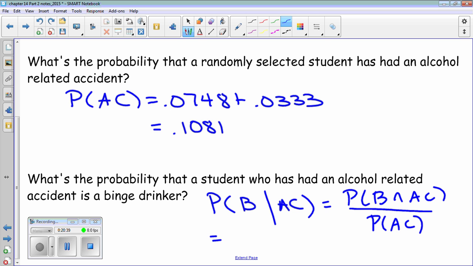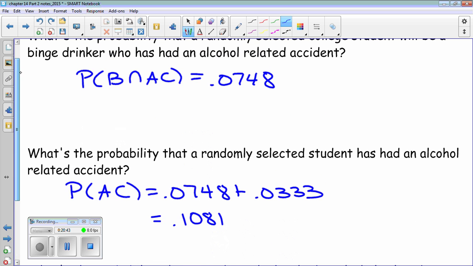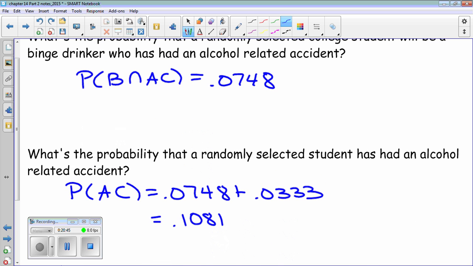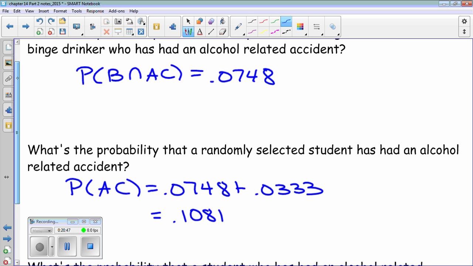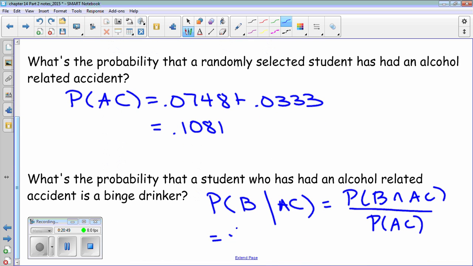Right? Guess what? By design, I've given you the answers here. Binge drinker and accident is 0.0748. That's my numerator. My denominator is the probability of accident, 0.1081. When I divide these, what happens?